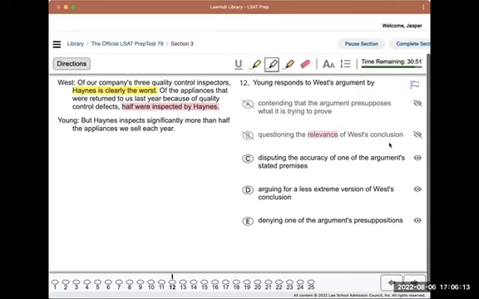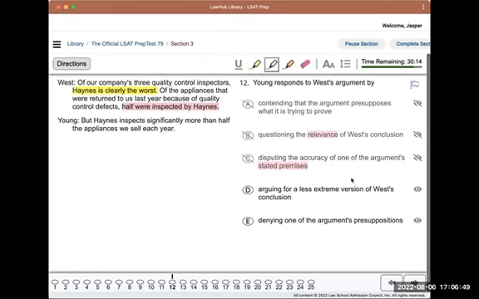It's referring to the number of appliances that are returned that were inspected by Haynes, rather than what percentage of the total appliances sold does Haynes inspect. So this one, it's not actually a dispute of a stated premise. It's disputing an assumption underlying West's argument, which is the assumption that all of the quality control inspectors inspect the same number of the total appliances that are sold.